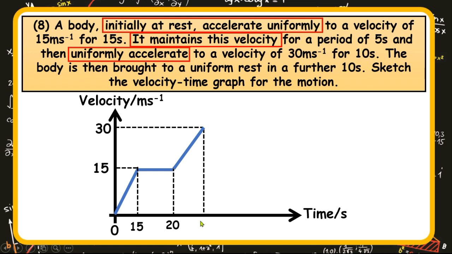When the 10 is added to 20, that makes 30 seconds. It continued then to say that the body is then brought to a uniform rest from where it has gotten to now at the 30. The next graph is uniform rest, retardation, and that is how it is. It took 10 seconds. When added to the 30, that makes 40.